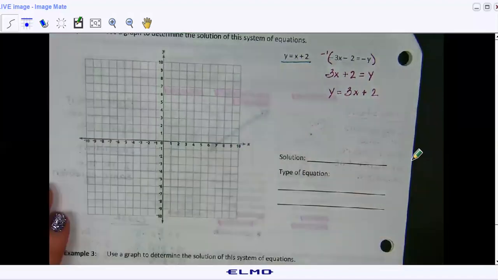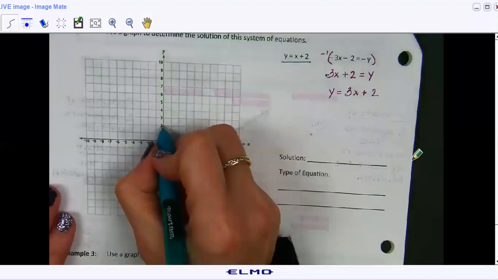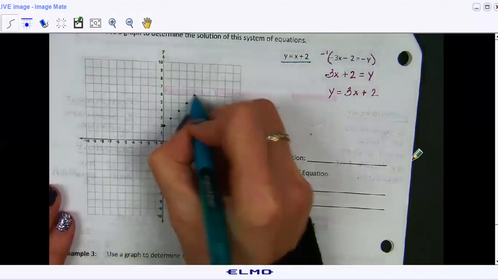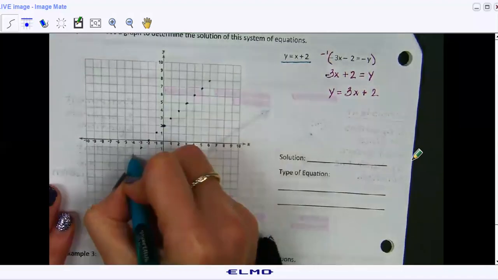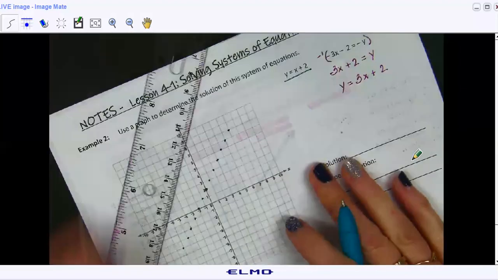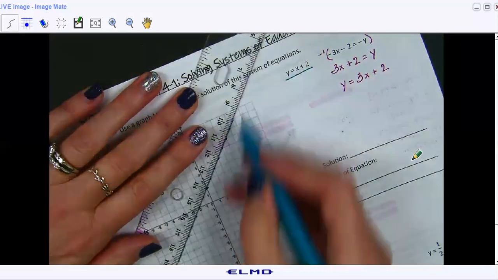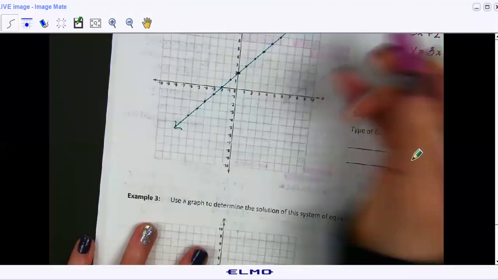So I'm going to graph my first equation first. I start at 2, and then I have a slope of 1, so I rise 1, run 1. Yes, your y-intercept is the same, so that is basically your solution, but I still want you to graph.